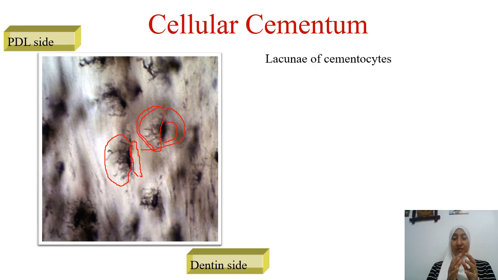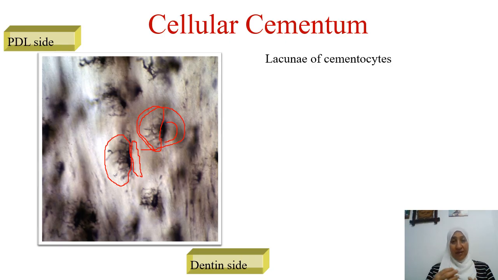Because the cells in the cellular cementum are directed toward the PDL more than the dentin. Why? Because the permeability from the PDL is greater. The movement of fluid from the PDL is much easier than from dentin, because these entrapped cells need nutrition, need to get rid of their products or metabolites, need oxygen, need to remove their carbon dioxide, and so on.